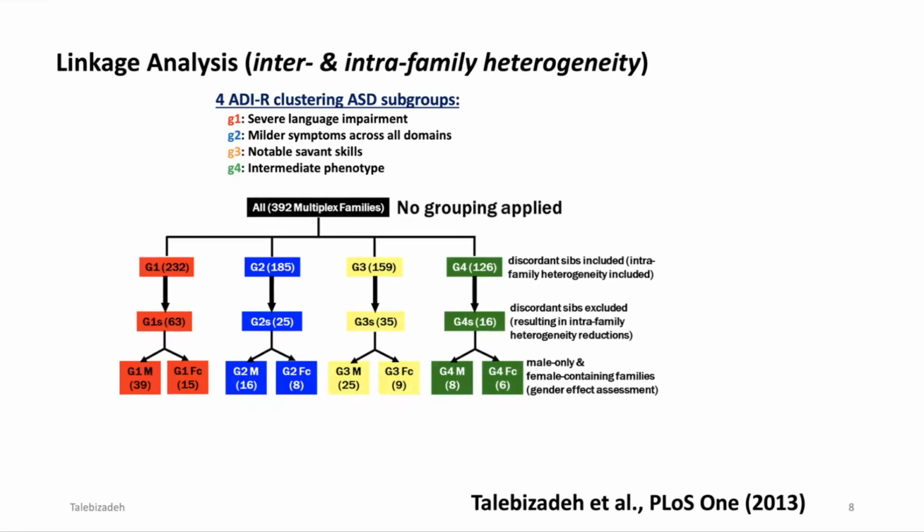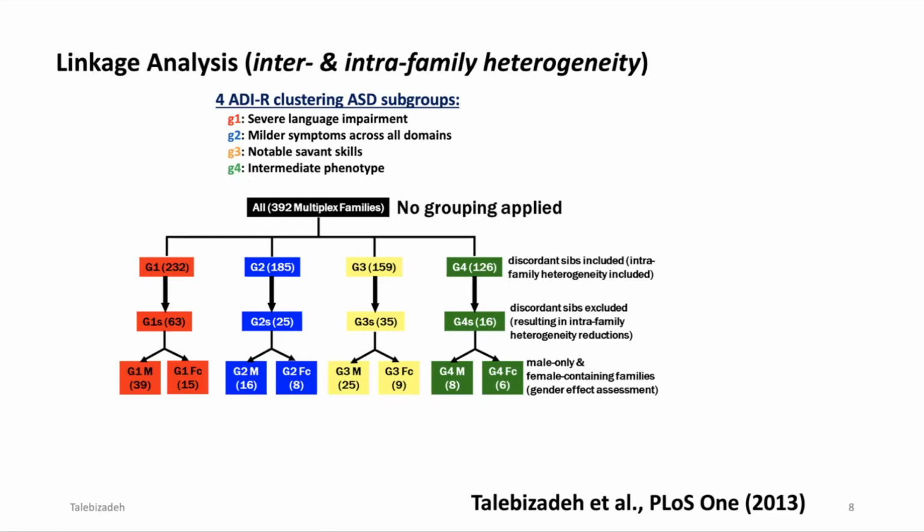Obviously, subtyping reduced sample sizes, and statistically speaking, we would expect to lose detection power in analysis. However, since we lowered the existing heterogeneity in the study cohort and generated more homogeneous subtypes, our linkage results improved.